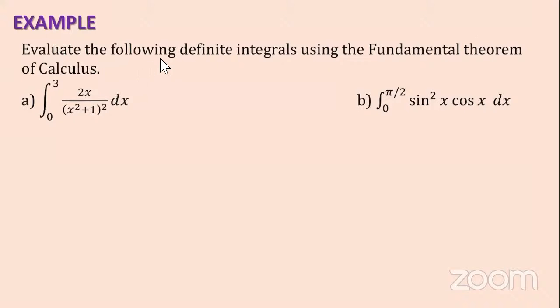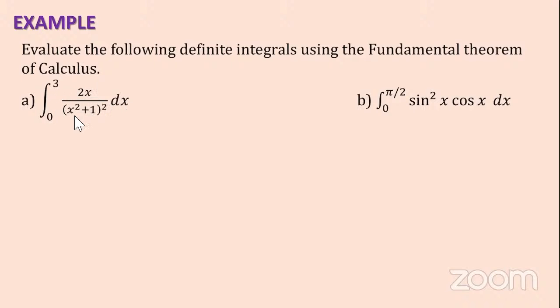Example: evaluate the following definite integrals using the fundamental theorem of calculus. Let's look at the first part. In part A, we have the definite integral from 0 through 3 of 2x over (x squared plus 1) quantity squared dx.